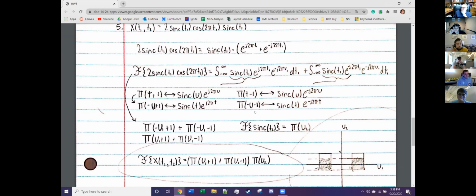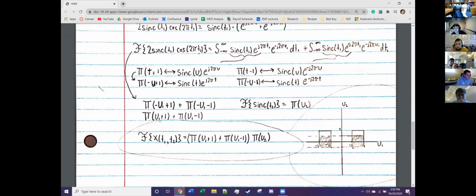But because pi is an even function, it doesn't matter if the u is negative or positive, because when you flip it around, it's the same, it's symmetric. So when I add them together, I just switched to a normal positive u, which means the Fourier transform is two pi functions that have been shifted in opposite directions.